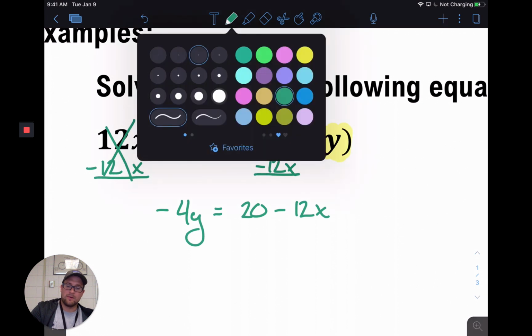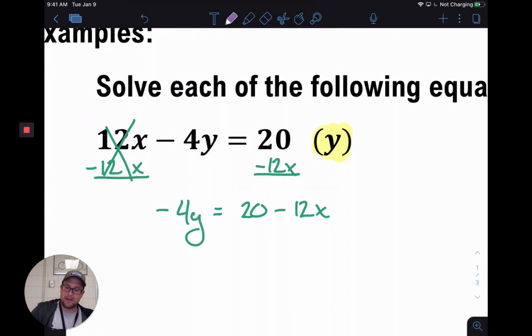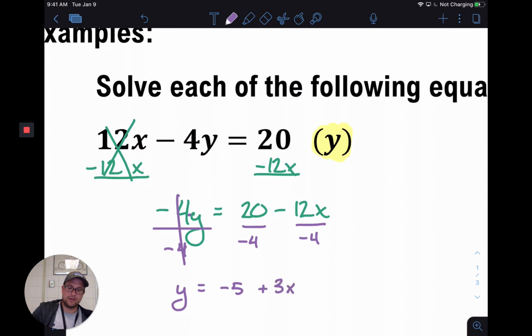Now, from there, we still need to get y by itself. And we see that there's a negative 4 that is obviously being multiplied by it. So to unhook it, we need to divide, and in fact, we're going to divide everything by a negative 4. These two negative 4's cancel off, and we're left with y is equal to 20 divided by a negative 4, which is a negative 5, and a negative 12x divided by a negative 4 would leave us with a positive 3x.